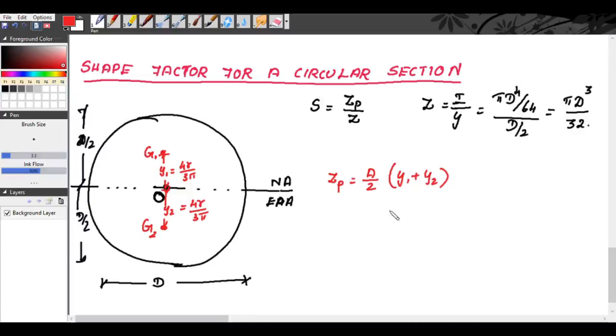So what we get is Zp is equal to area. Area is pi r square or pi d square by 4. Pi r square is equal to pi into d by 2 the whole square, so you get pi d square by 4.